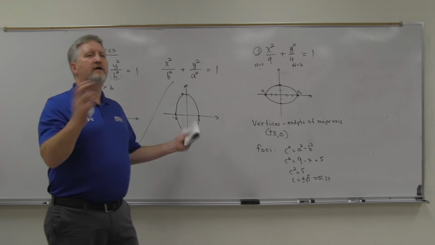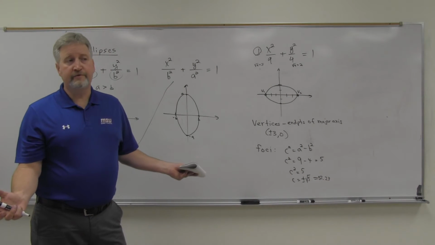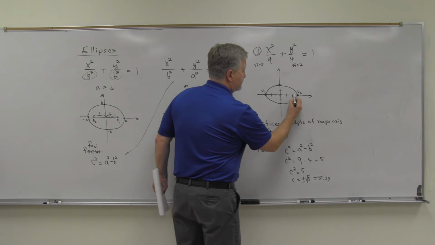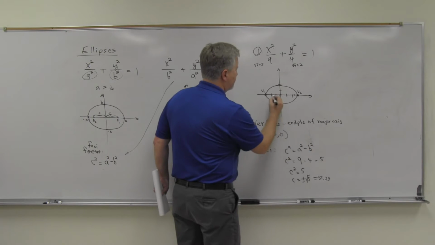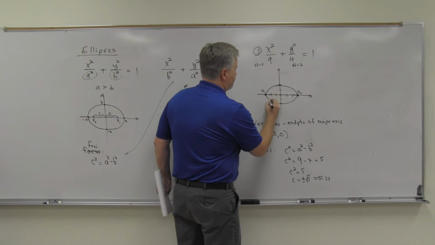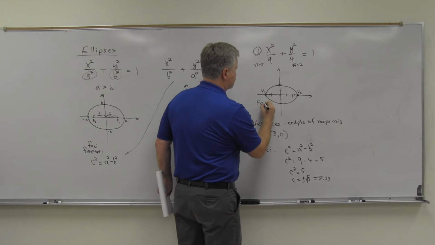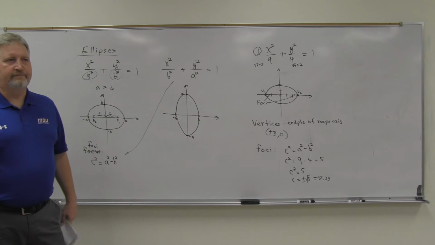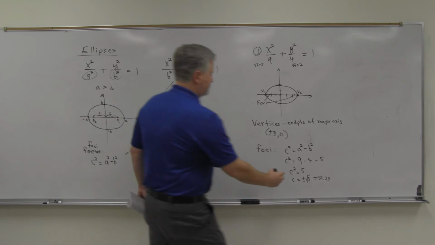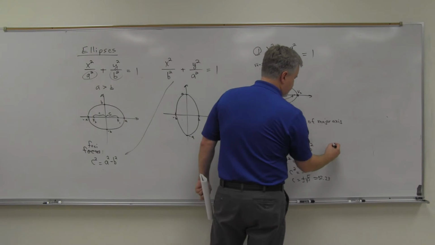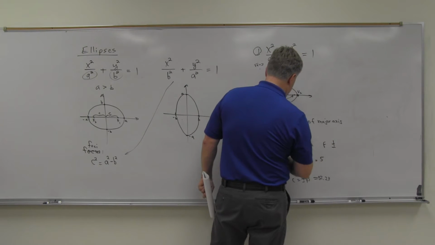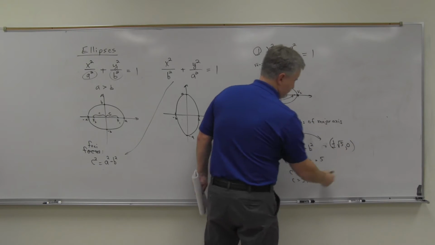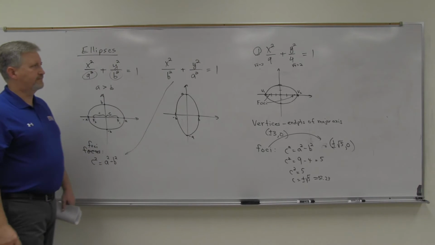And so you're going to go out along the major axis, 2.2, backwards and forwards, from the center. So you go 1, 2, 0.2, 3, 0.2, and then back here. So there's my foci. Not that bad. So that would be plus or minus square root of 5, 0, or if you round it off, I'm okay with that.